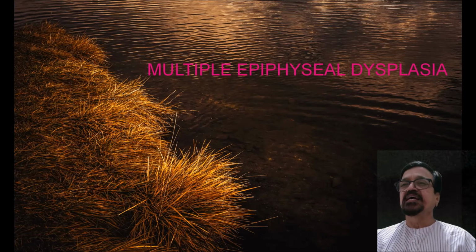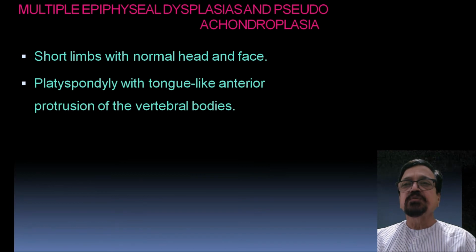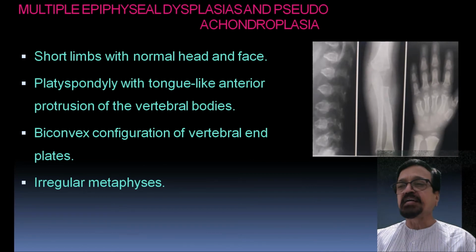Now next is multiple epiphyseal dysplasia. Achondroplasia: short limbs with normal head and face, platyspondyly with tongue-like anterior protrusion of the vertebral bodies, biconvex configuration of the vertebral plates and irregular metaphyses.